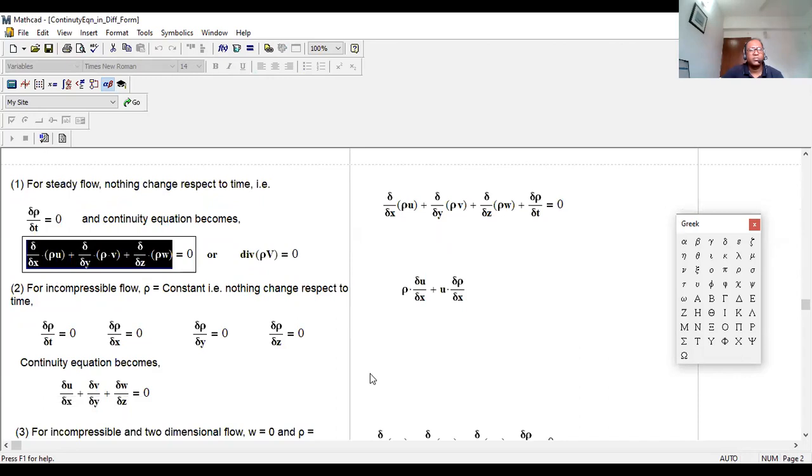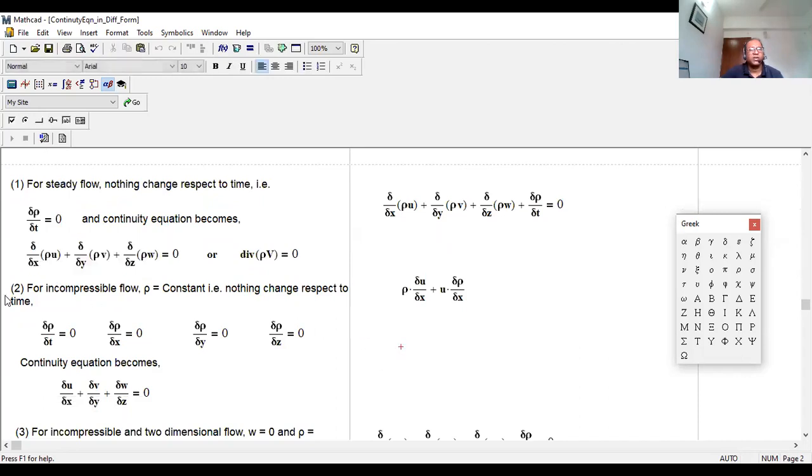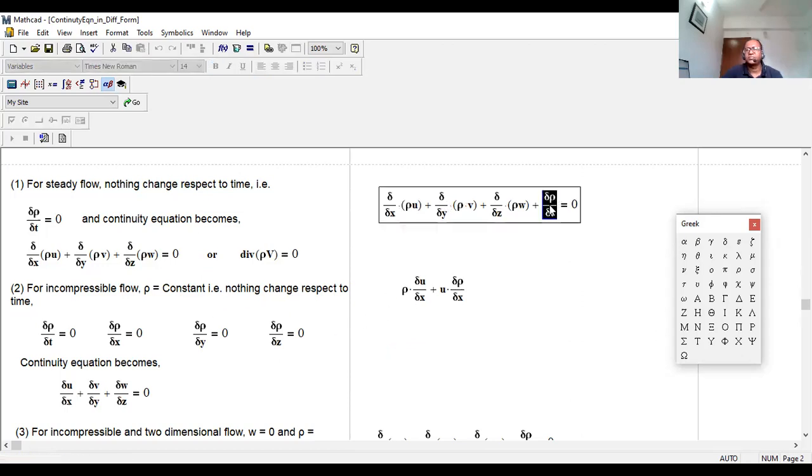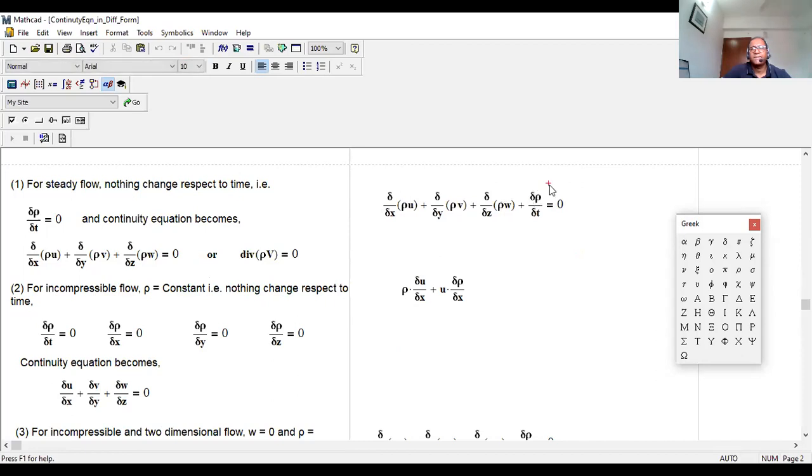For incompressible flow, again you have no sense of density change, so this term will be 0. Then ρ is constant, so you can take ρ outside.